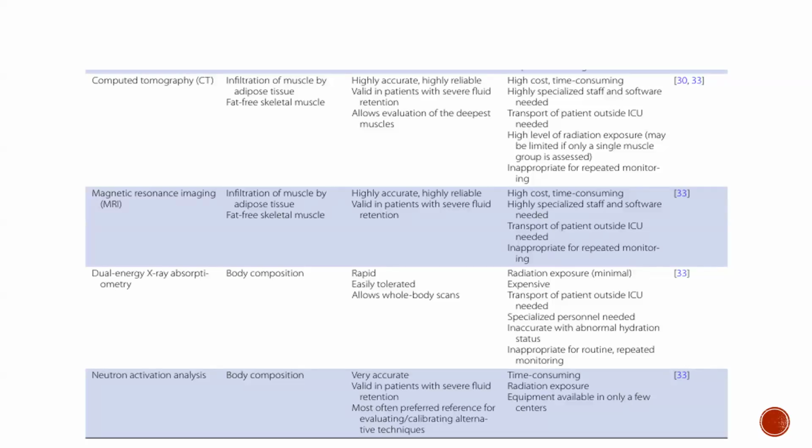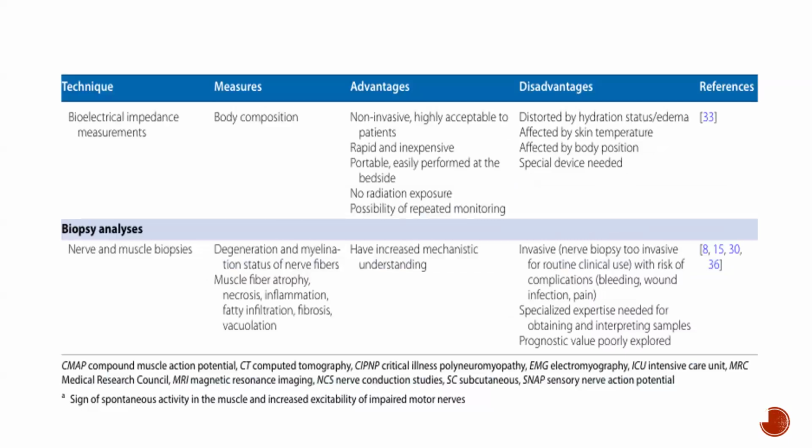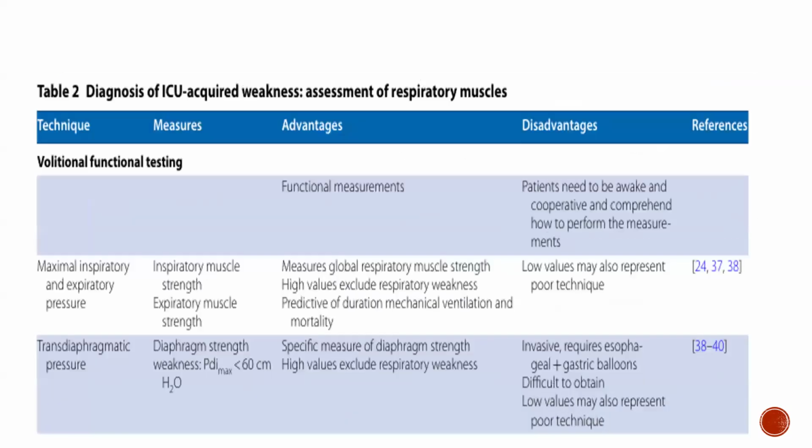Dual energy X-ray absorptiometry can also be useful for diagnosis. Neutron activation analysis is very accurate and valid in patients with fluid retention. Then the other tests that we can use are bioelectrical impedance measurement and nerve and muscle biopsy. Now, the diagnosis of ICU-acquired weakness in assessment of the respiratory muscle: that is maximum inspiratory and expiratory pressure and diaphragmatic pressure.